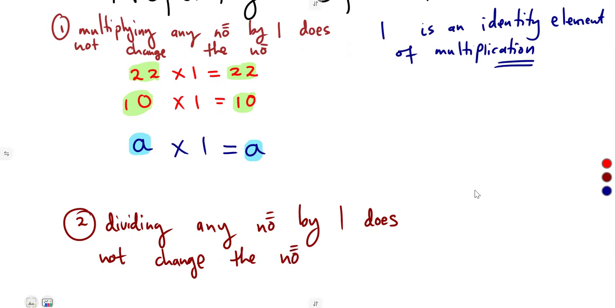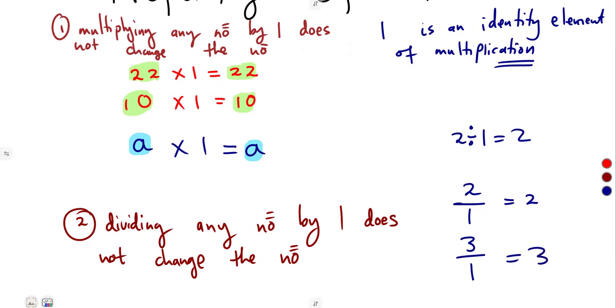So meaning to say 2, our number, over 1, dividing by 1, it is going to give us a 2. 2 divided by 1 is 2. This is what we have. So 3 over 1 is 3.